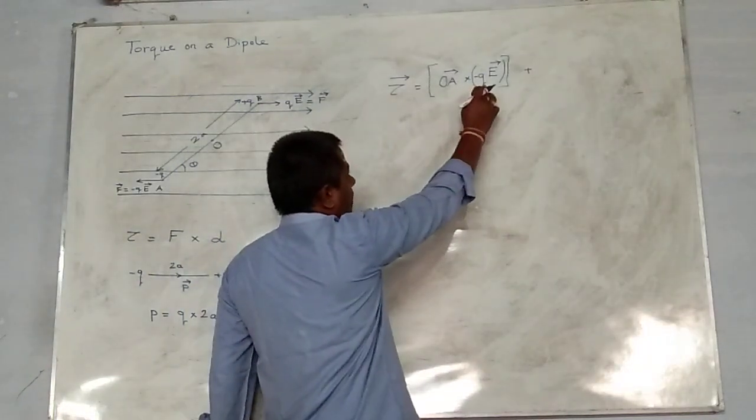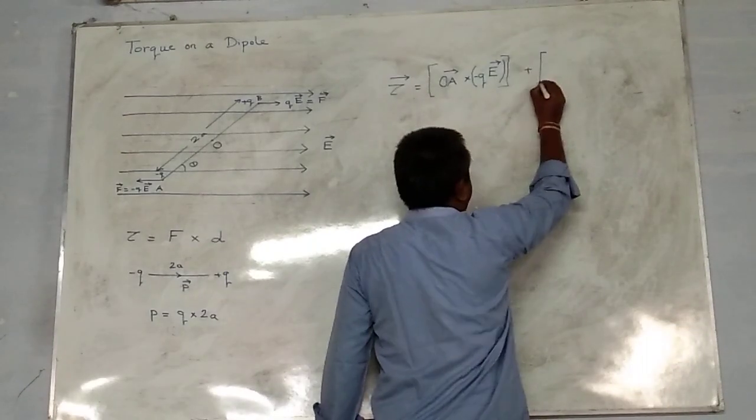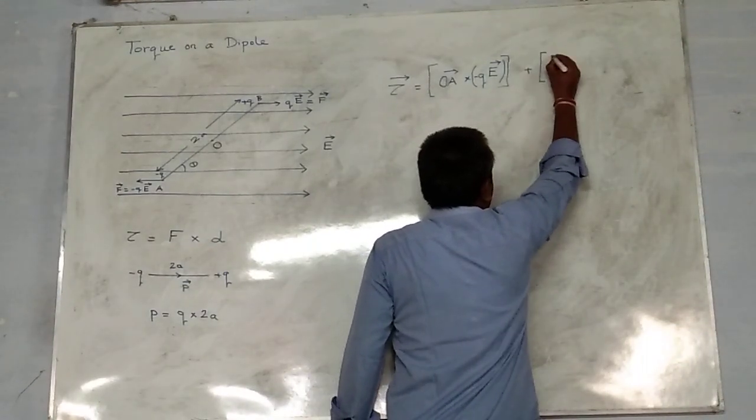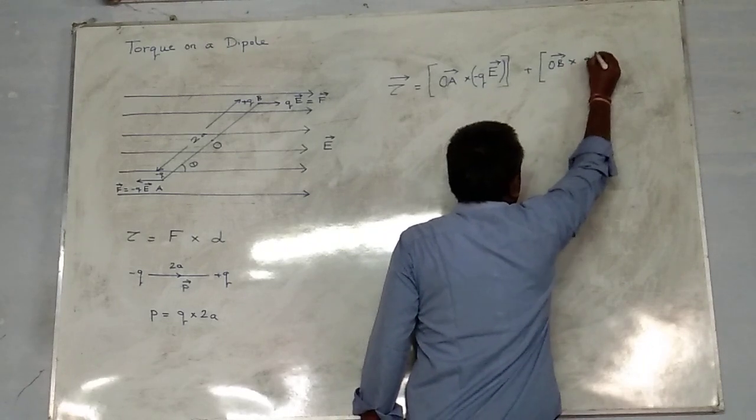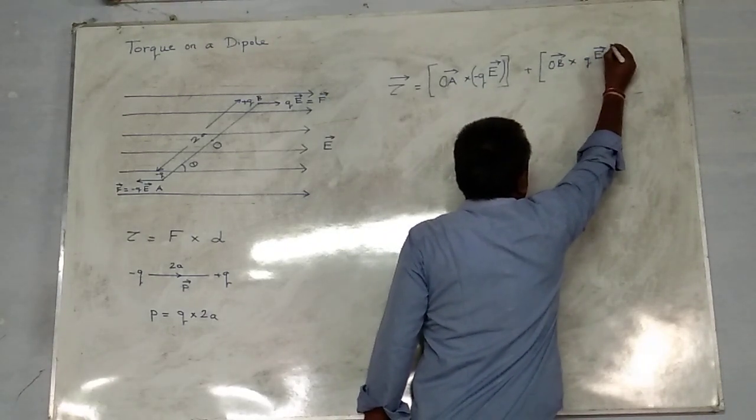That is, OA vector cross minus Q into E vector plus OB vector cross Q into E vector.